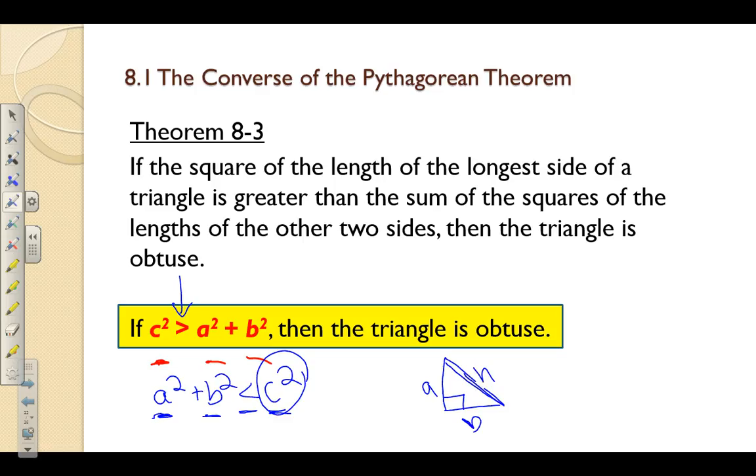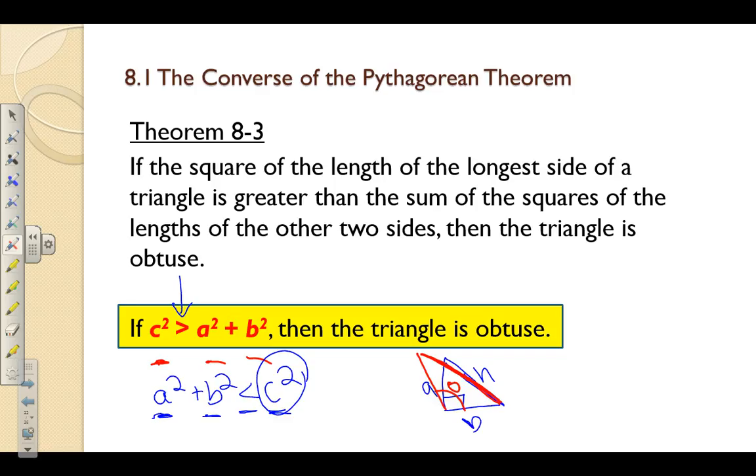And if my c squared, or my length of c, is longer than I anticipated, then my triangle is obtuse. So I like to use my hands to form a right angle. My a squared plus b squared is going to form this right triangle with this hypotenuse. And if my c squared is larger, my hand opens up, and I'll show that to you tomorrow.